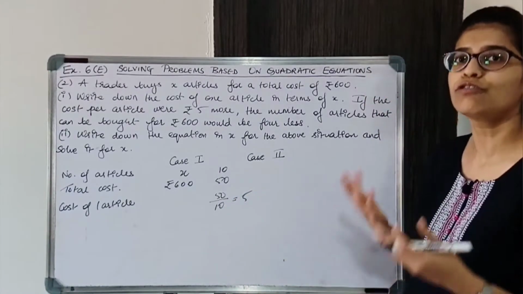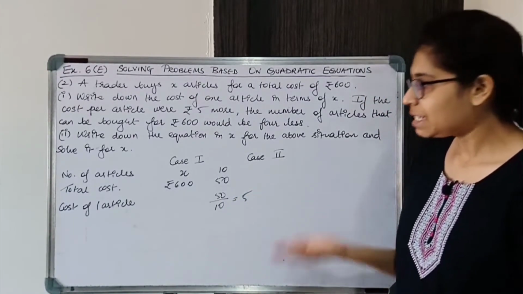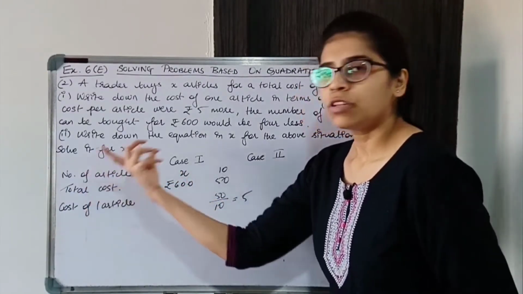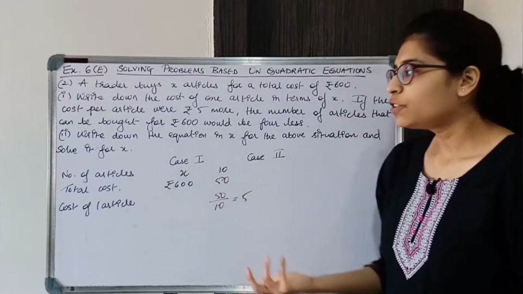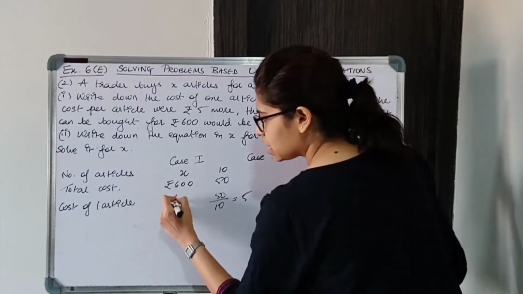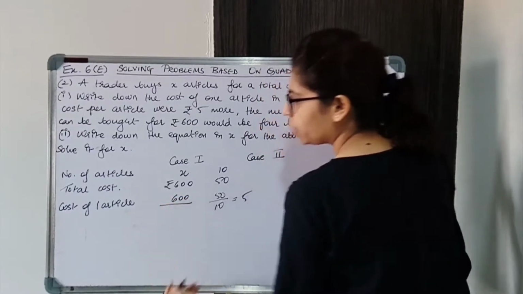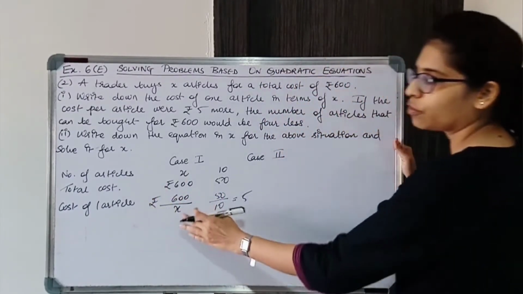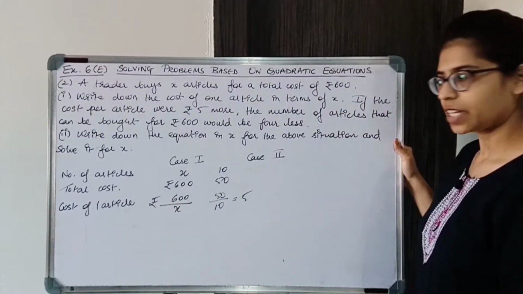That is the cost of one article. Same thing we'll do over here. Total cost upon number of articles, that will give you the cost of one article. So total cost, that is 600 upon number of articles, that is X. So this is the cost of one article. ठीक है?